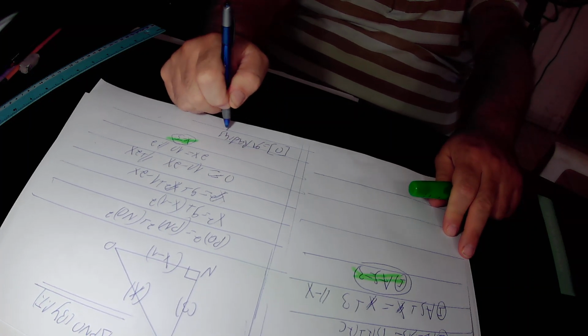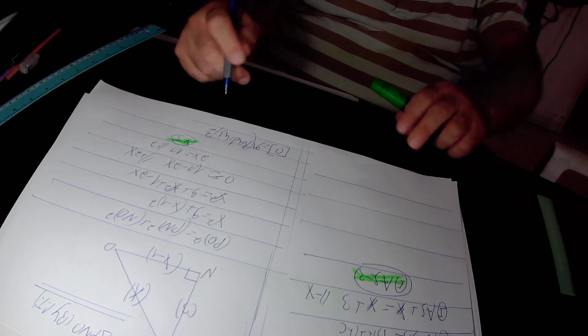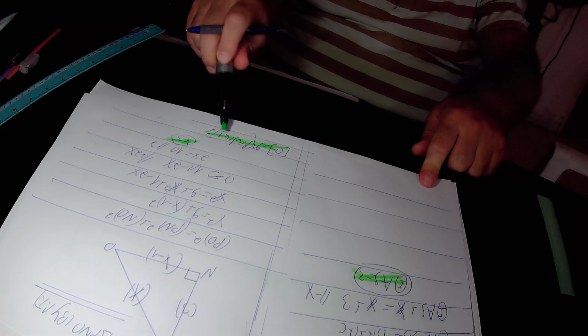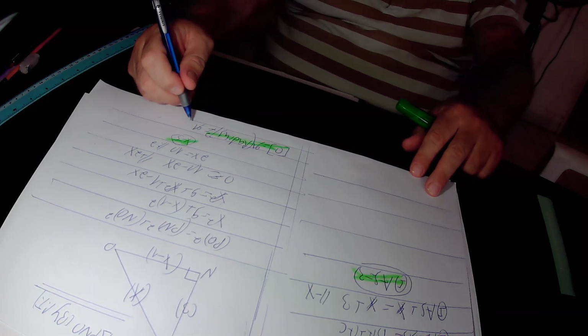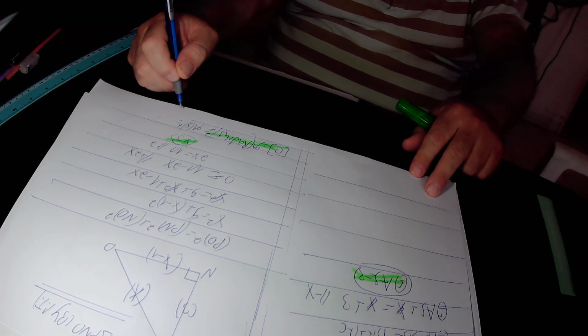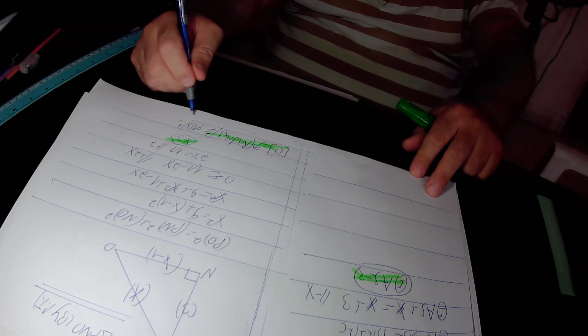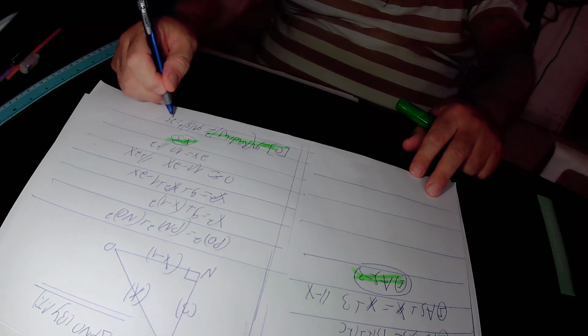Therefore the area of our circle must be equal to pi times the radius squared. The radius of our circle is 5, therefore the radius squared is 5 squared. 5 squared is 25, and therefore in total this expression equals 25 pi.